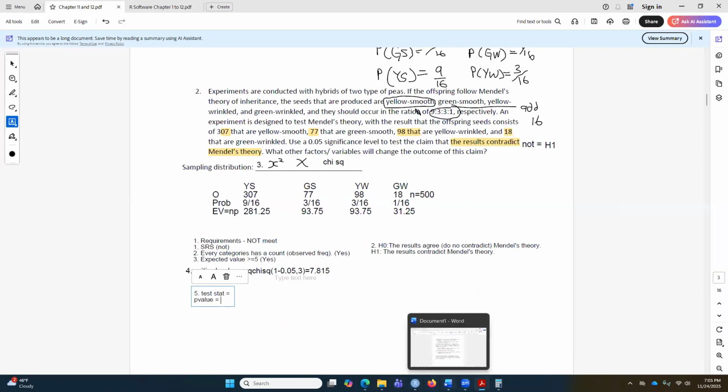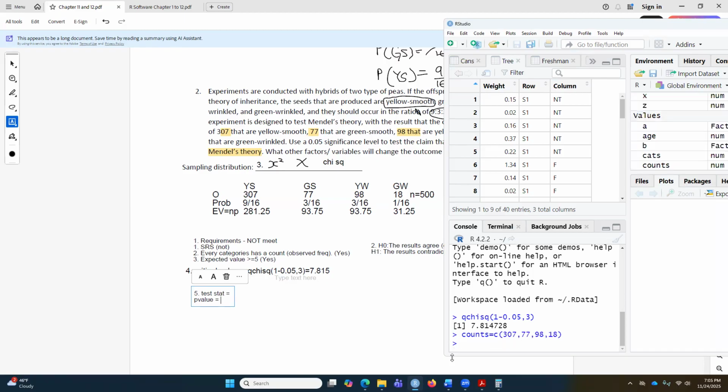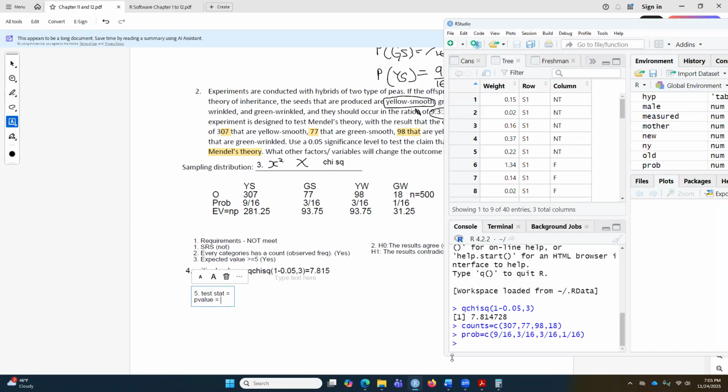So counts in this case is c, and then you put in the counts 307, 77, 98, and 18. Okay. And then probability equals c, and then 9/16 for the first one, 3/16 for the second one, 3/16 for the third one, and 1/16.